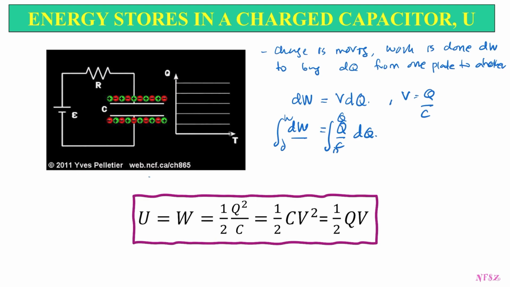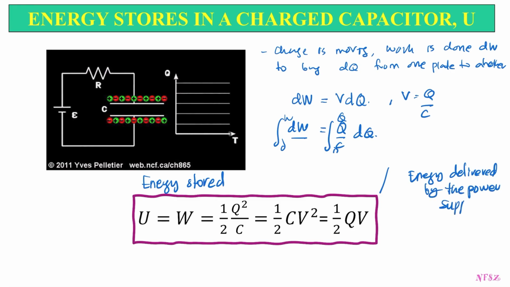Satu, sama ada energy stored. So another one akan dia boleh tanya energy delivered by the power supply. Kalau soalan minta energy delivered, so U sama dengan Q square over C equal to CV square equal to QV. Dia tak ada half. Kenapa dia tak ada half?